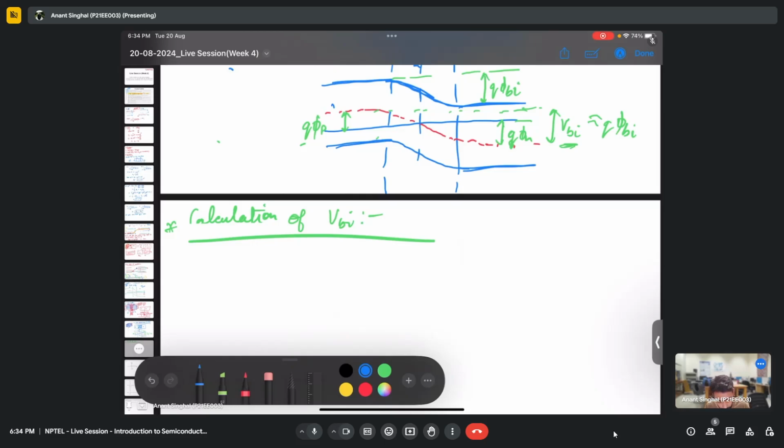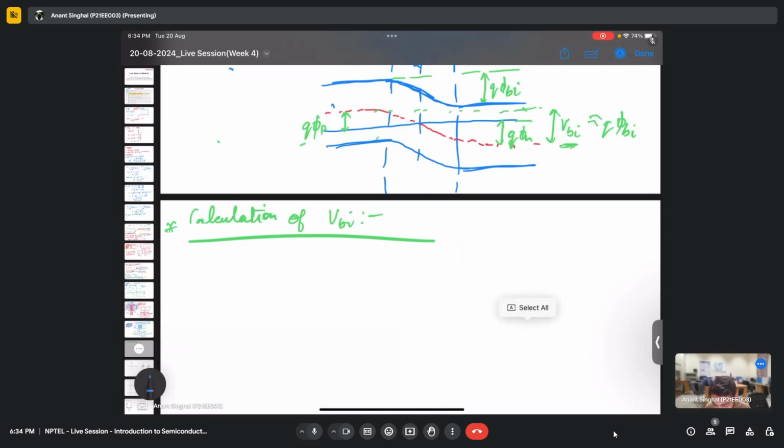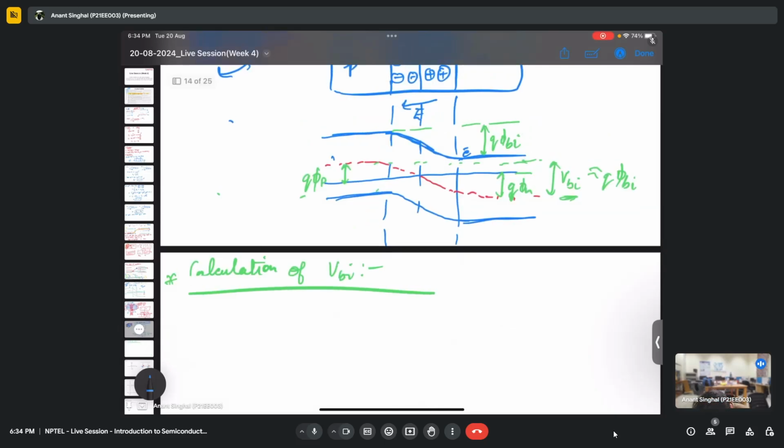What we already know is that the electrons in the conduction band of the N region see a potential barrier. So we have electrons here in the conduction band, and they see a potential barrier to cross to go towards the P side. Similarly, these are the holes, and they see a barrier to go to the N side.